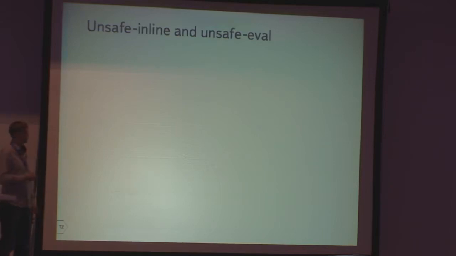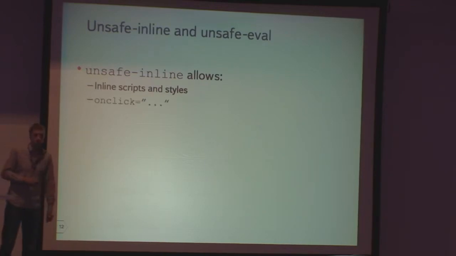The first one is unsafe-inline. As you may have guessed, it allows you to use inline pieces of JavaScript code and styles in your application. And what else? It allows you to use event handlers for tags.